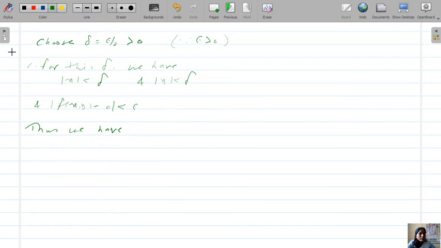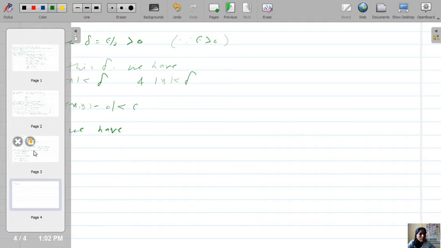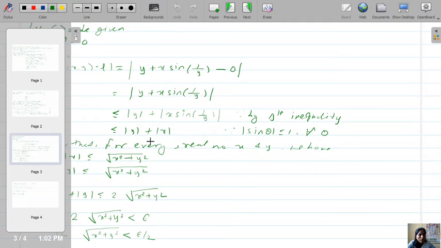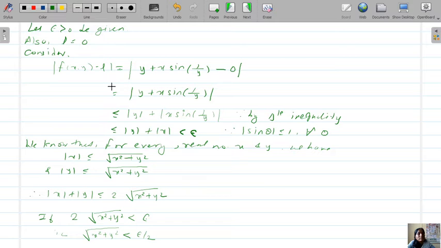Why I have written this: see in the previous step, if this quantity is less than epsilon, then you can say that mod of f of xy minus L is strictly less than epsilon. But what is this quantity? This quantity is nothing but 2 square root of x square plus y square. Means if square root of x square plus y square is strictly less than epsilon by 2, then directly you can say that this is strictly less than epsilon.